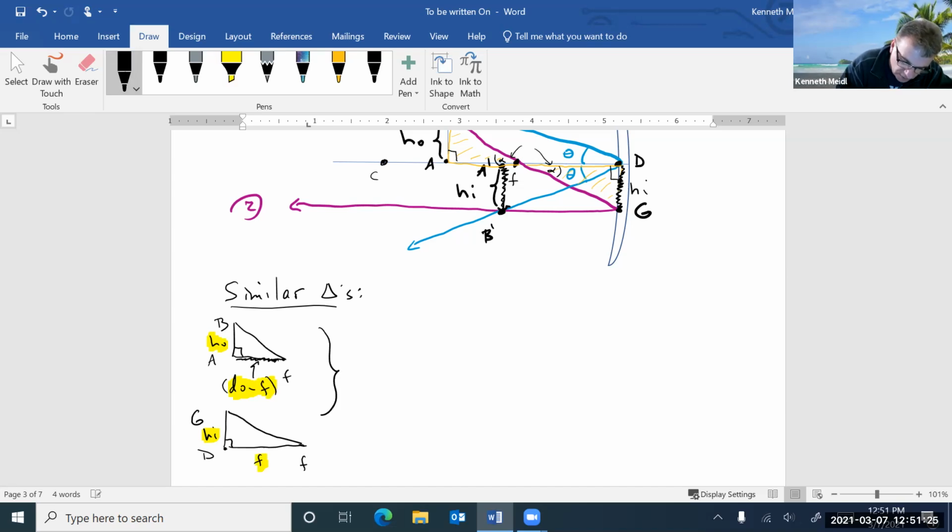So I'm going to look at those two and say something like HO over HI equals DO minus F all over F. And at that point, I've now got an equation. And it's got some really good information in it, but it doesn't have what I want. It doesn't have the image distance in it yet.